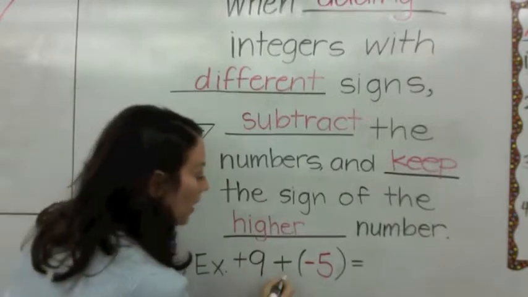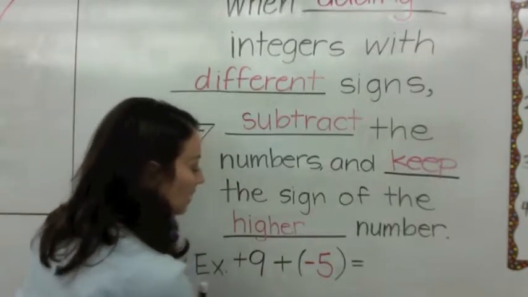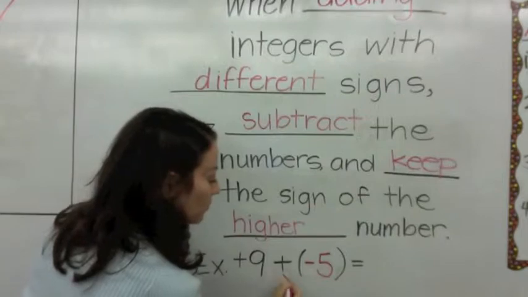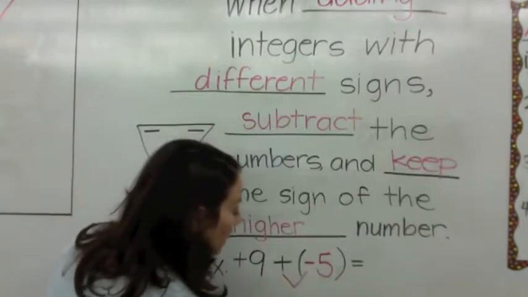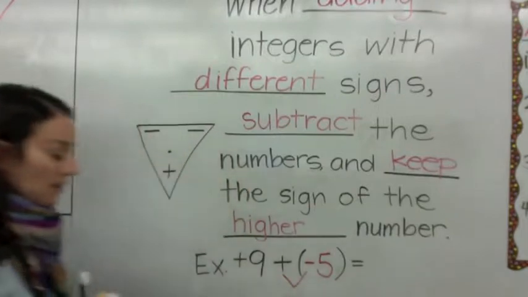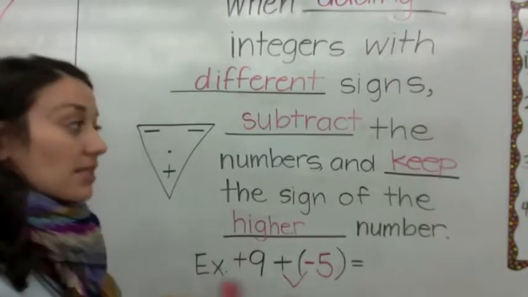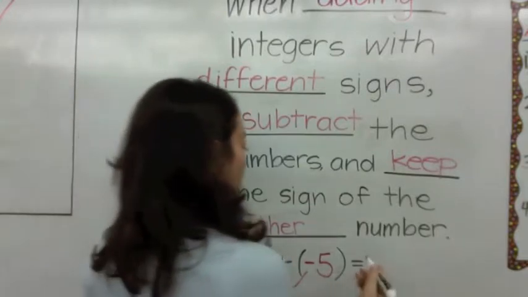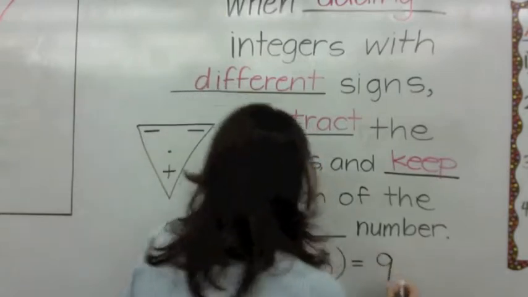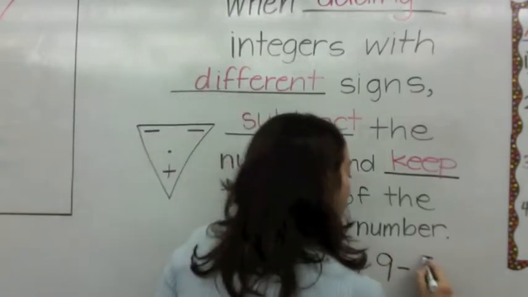When you have different signs, it's negative. So a positive 9 plus a negative 5 is really saying 9 minus 5.